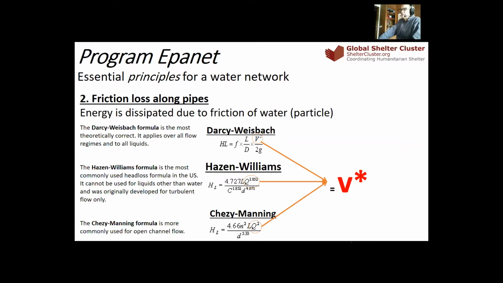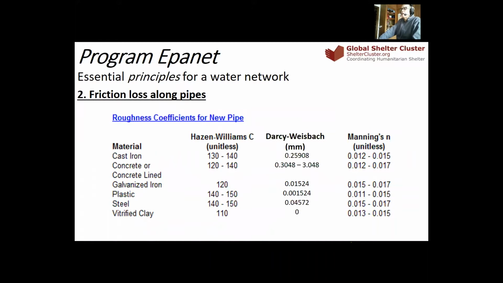And depending on what you choose, you have to choose the coefficient for the roughness of the friction loss. If you choose Hazen-Williams, and for example you have plastic pipe, PE pipe, you choose between 140 and 150. If you have Darcy-Weisbach, you have other numbers to choose. It is important not to mix up the coefficients.